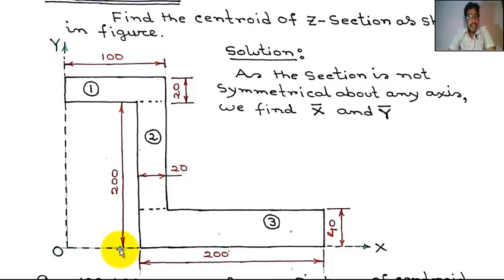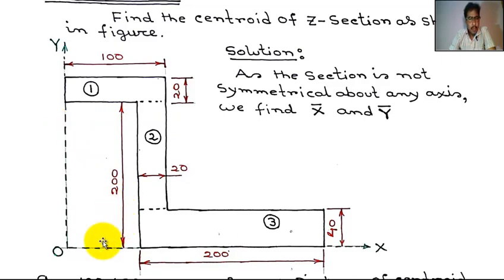If we draw a line parallel to Y axis, this section is not divided into two equal parts. So this section is not symmetrical about Y axis.